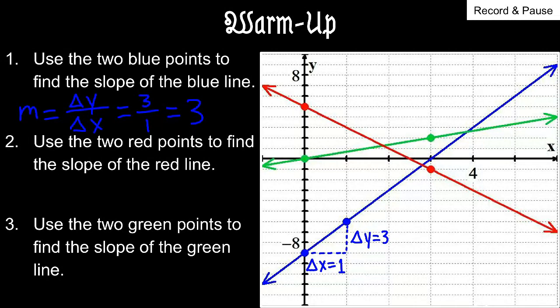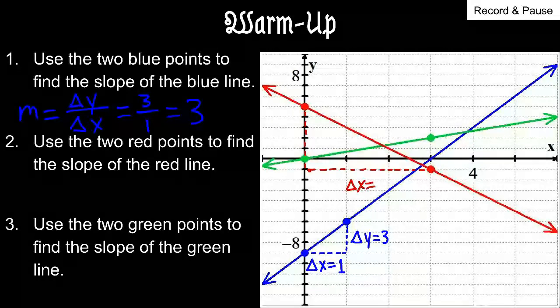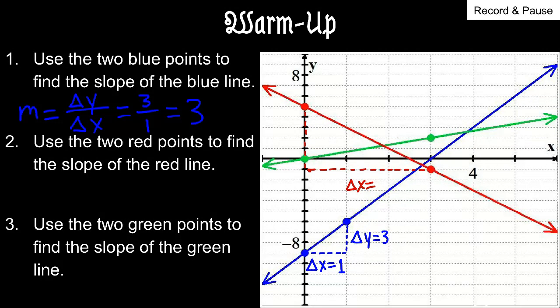And whenever we go from the left to the right, our delta x will always be positive because it'll always be to the right. So our delta x there was 1, 2, 3. So 3 units to the right.